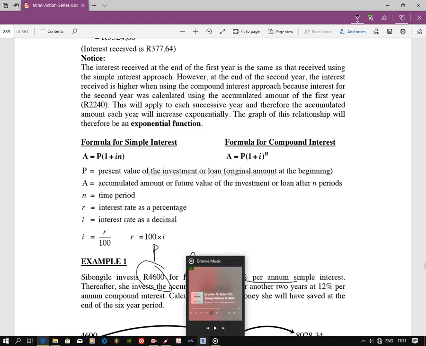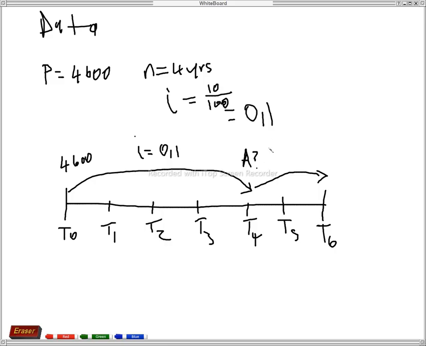So for the compound interest, we say 12 over 100, which gives 0.12 when you convert it to decimals.